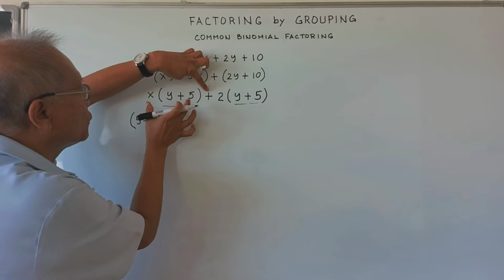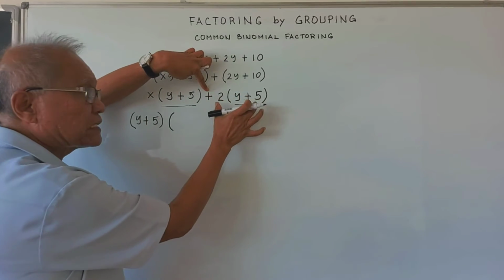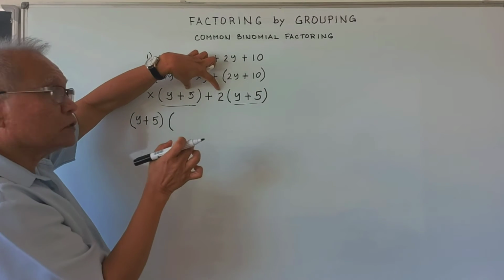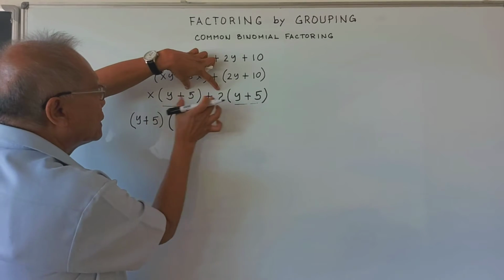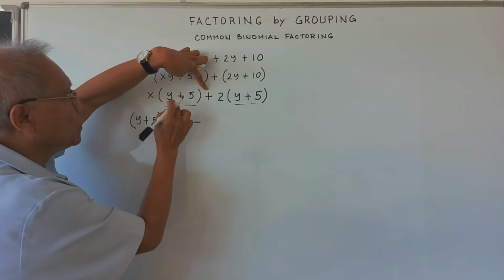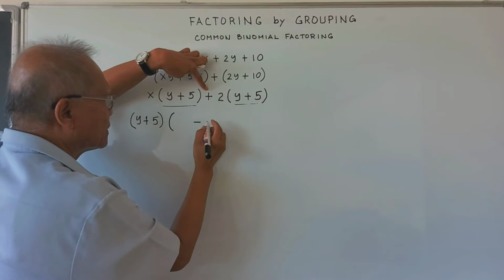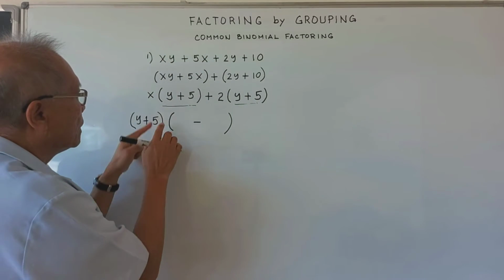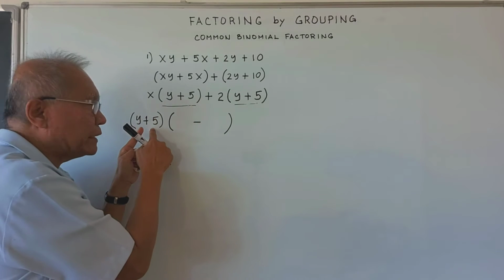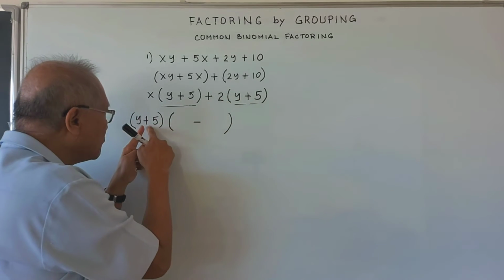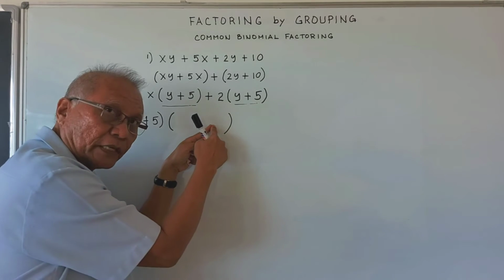Now it's division again, and then we have this parenthesis. Just like with a monomial, we have two terms here, and our answer must also have two terms, one here and the other there. Now, when we divide this one by y plus 5, our answer must be here.